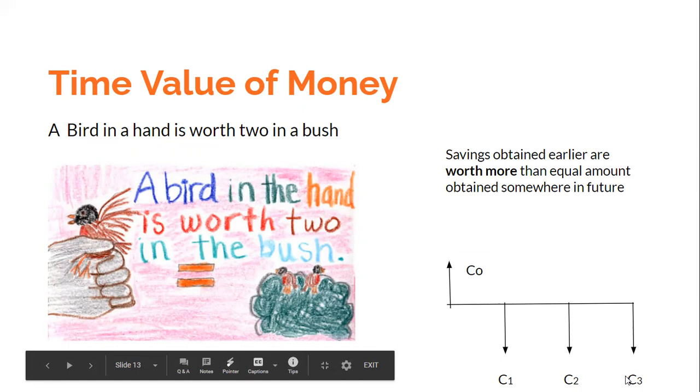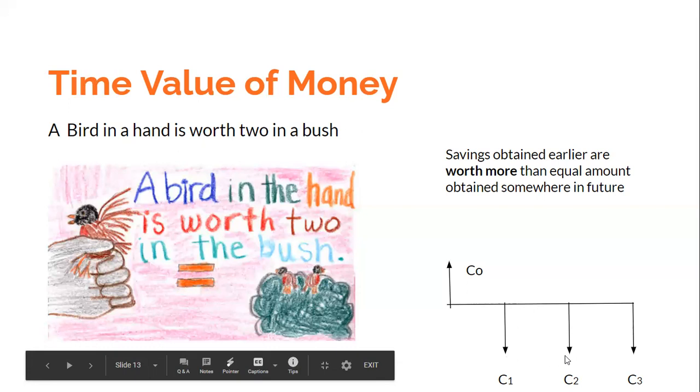That is because the money which you would be getting, C1 after 1 year, for example, would be less worthy than if you would have got C1 on the day 1. Okay, means during the start of the project, if you had got C1, that would have been more valuable than the C1 which you get after 1 year.